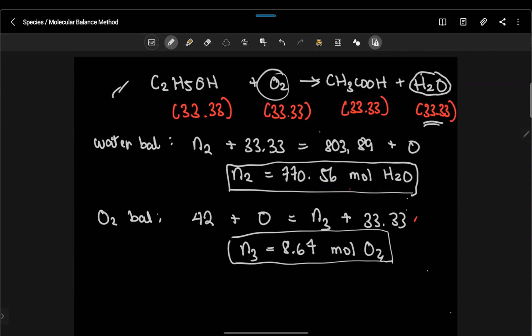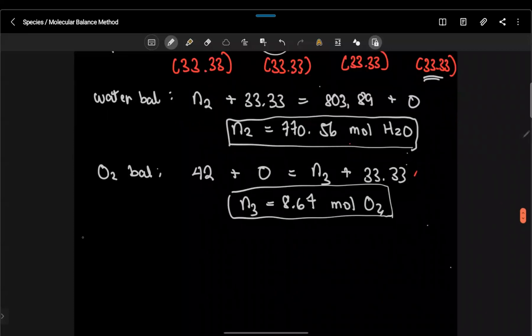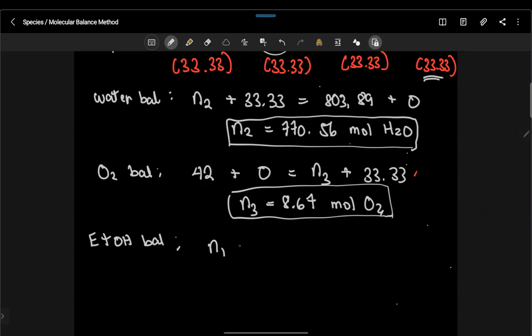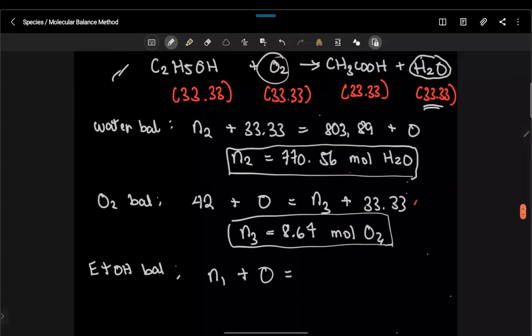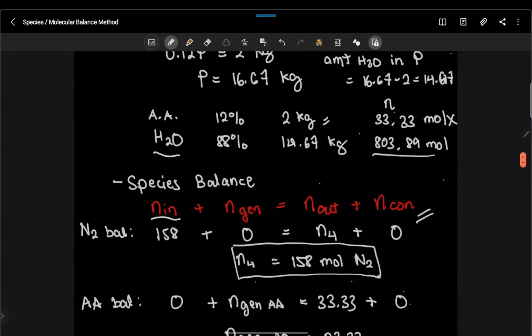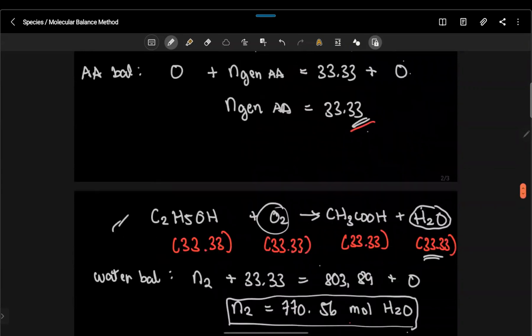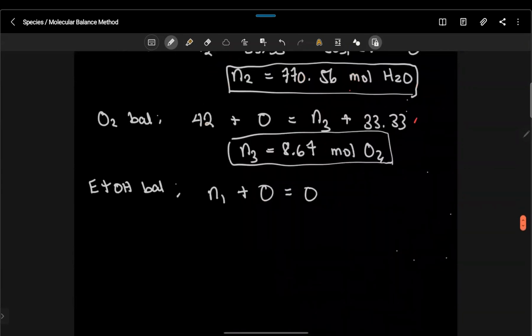Isang unknown na lang. So, si ethanol balance na lang tayo. Ethanol balance, input na ethanol, N1. Plus generated ethanol, wala. Hindi siya product dun sa reaction eh. Output of ethanol, sorry, wala pala. Walang ethanol na lumalabas sa process.